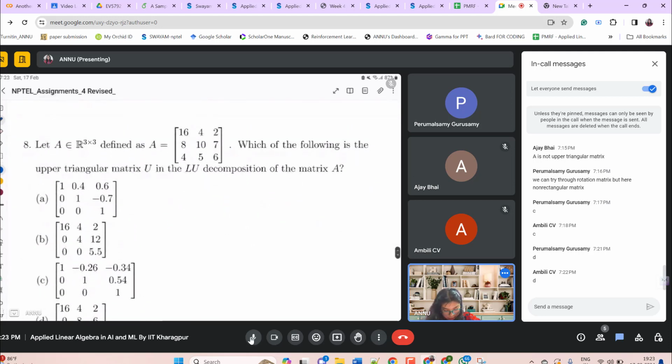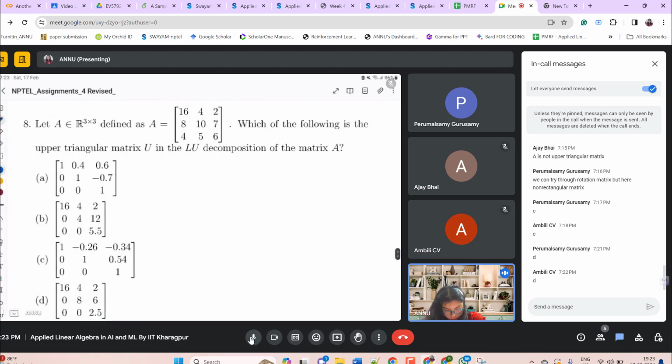Let us solve this question. It is very similar to LU decomposition again, but we have to make sure.